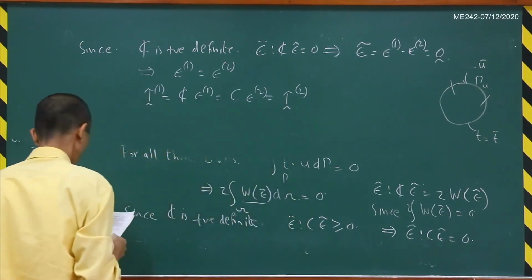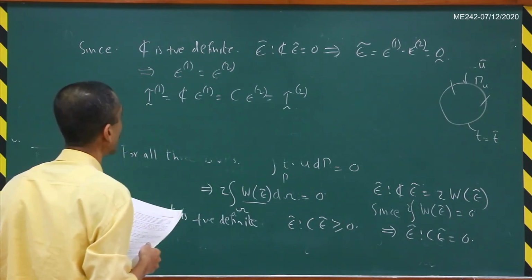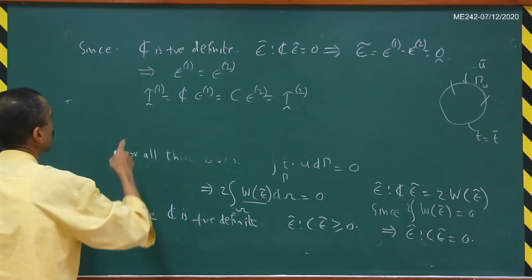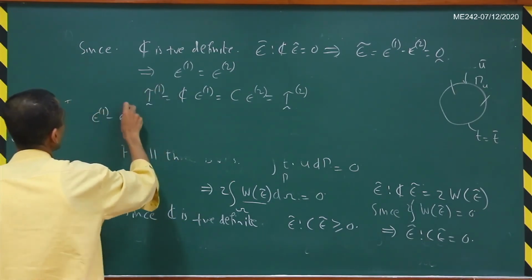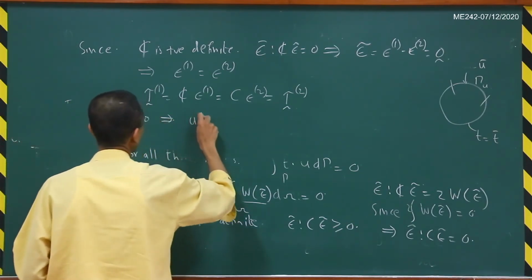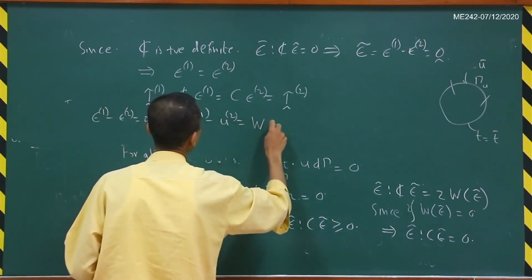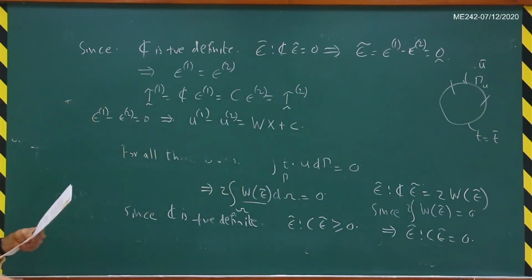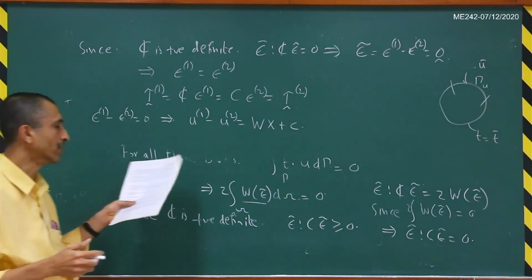Now the only thing left is the U part of this whole thing, right? So epsilon 1 minus epsilon 2 equal to 0 implies that U1 minus U2 is equal to W x plus C, correct? Because that is what corresponds to a zero strain. And so we still have this.